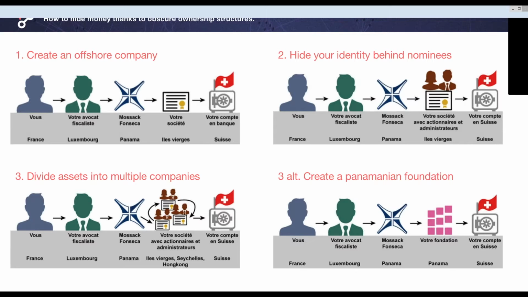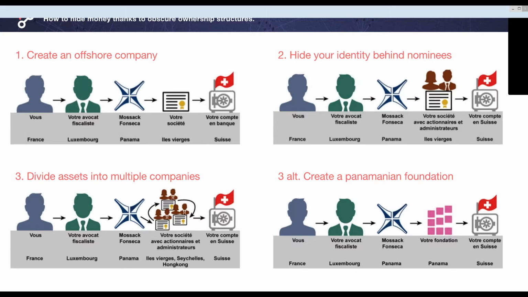And these people in London, Luxembourg, or different financial centers would direct their client to Mossack Fonseca, which would then help set up an offshore company, and this offshore company could then do business around the world, and specifically open up bank accounts in offshore countries like Switzerland, for example. So this is the first step, creating an offshore company.